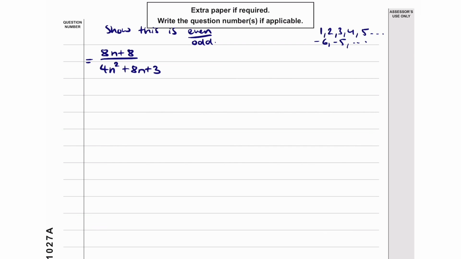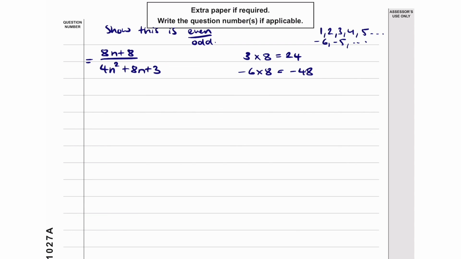So let's choose an integer. Let's choose 3 multiplied by 8, which is equal to 24. Now 24 is an even number, so that's cool. What about, let's choose another random number. Let's try -6. -6 times 8 gives -48, which is an even number. So any even number multiplied by an integer gives an even number.